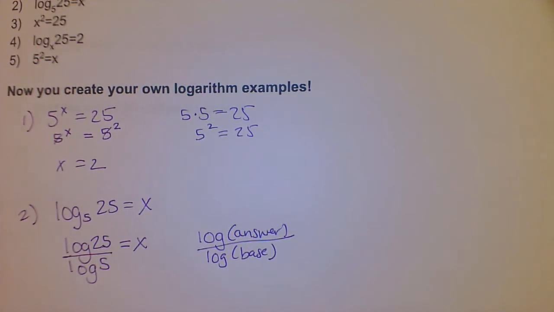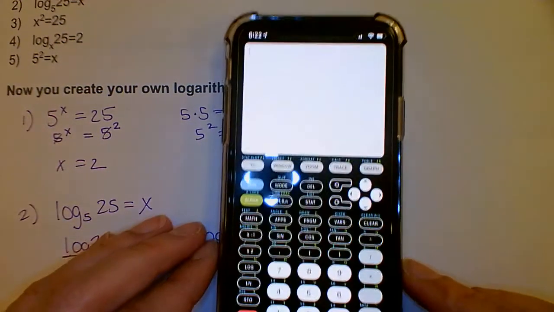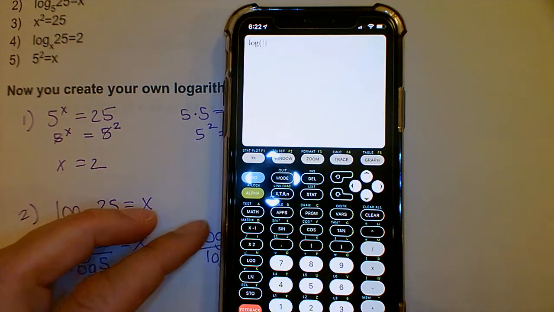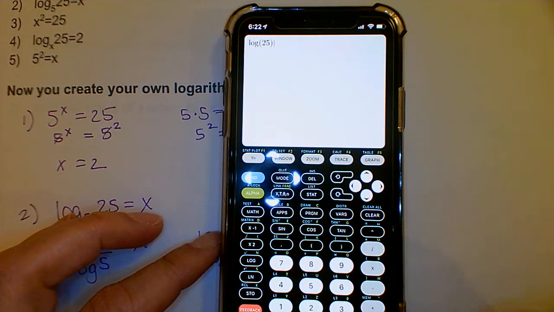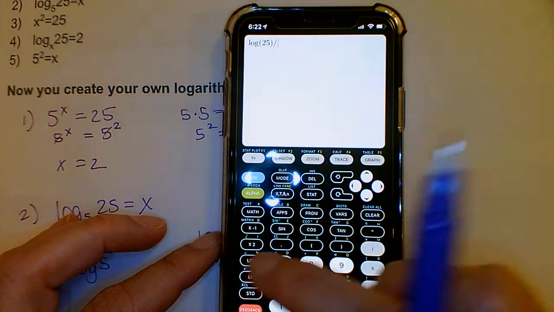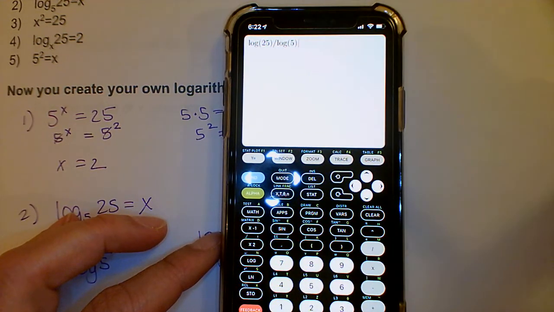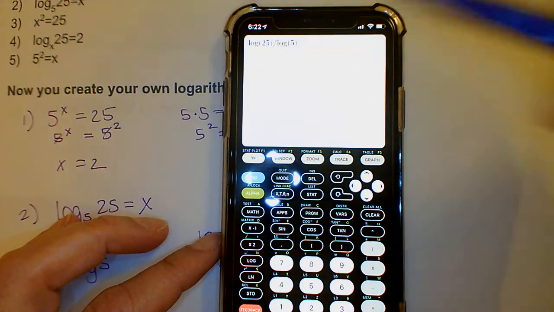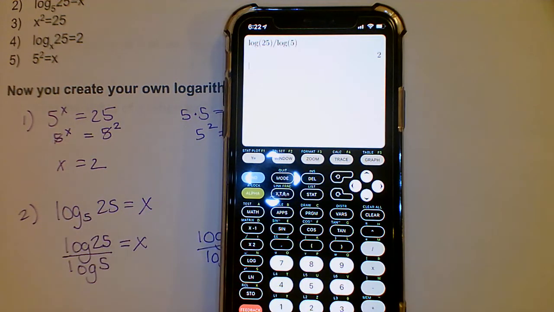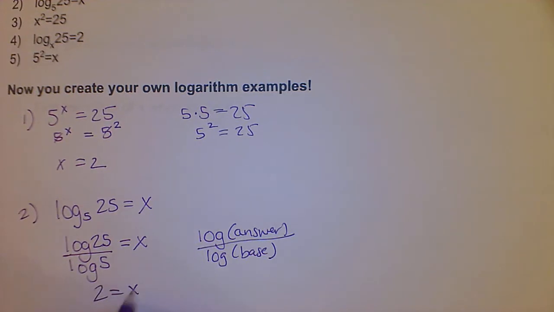So we just took it out of that base 5. Let's do log 25 divided by log 5. Notice I did close my parentheses here, so be careful because you do want to close your parentheses after 25. Enter. Oh, 2. Excellent. So 2 equals x. That is amazing.